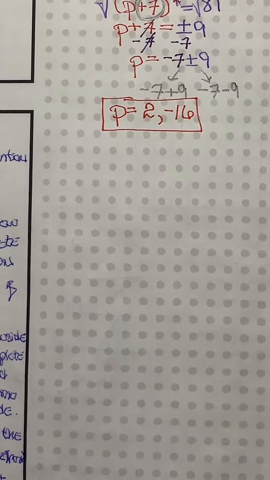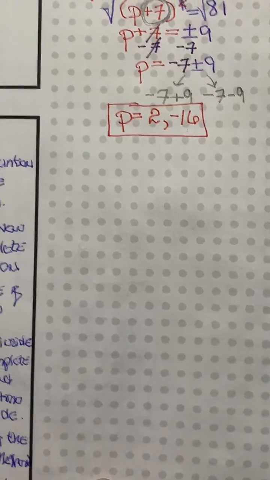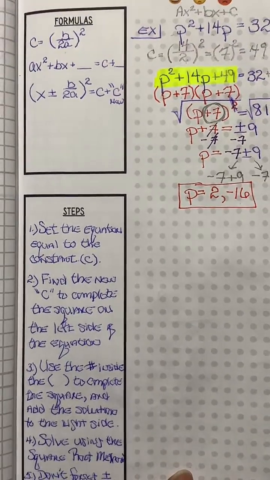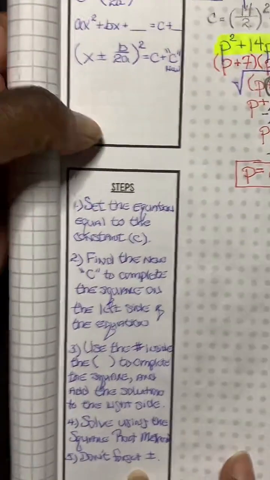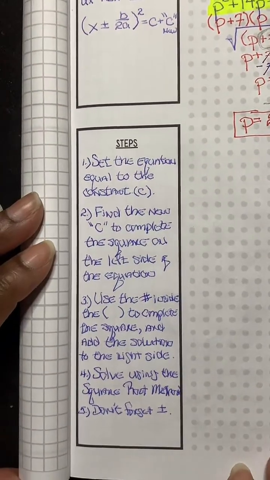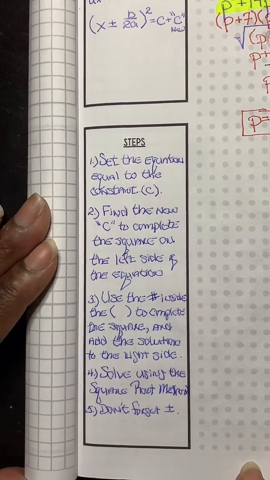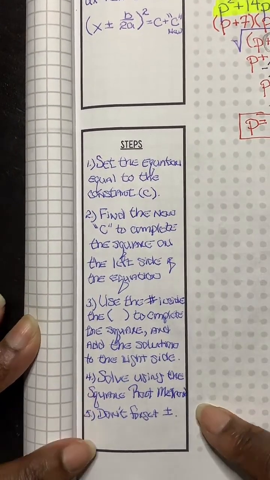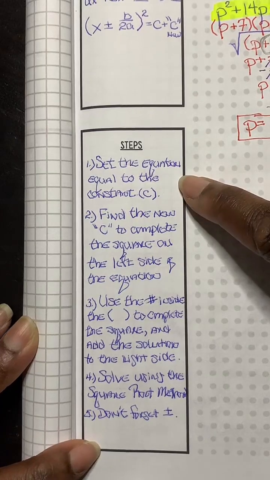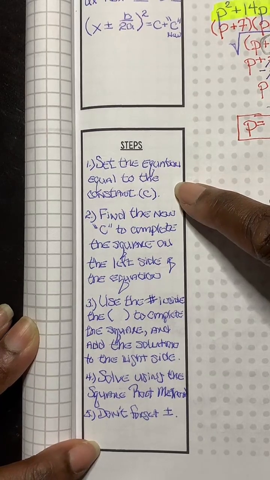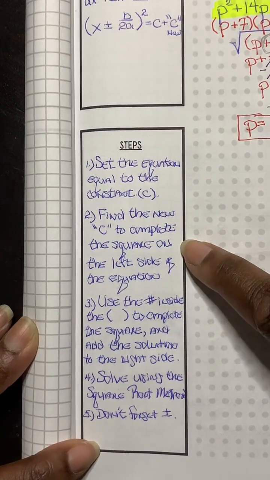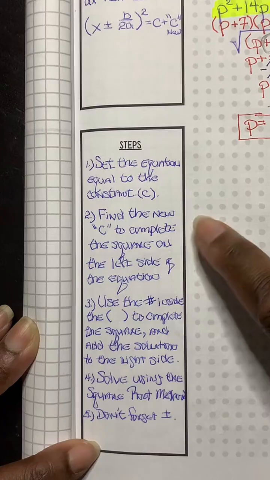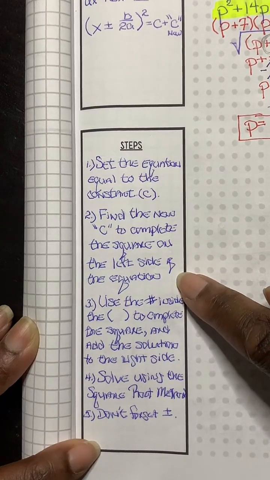All right. So, if you want the steps, let me unzoom just a hair. I'm going to do another one, but if you want to screenshot the steps, this is basically what you guys are doing. First, you need to set your equation to equal the constant. Then you're going to find the new C value by completing the square on both sides.